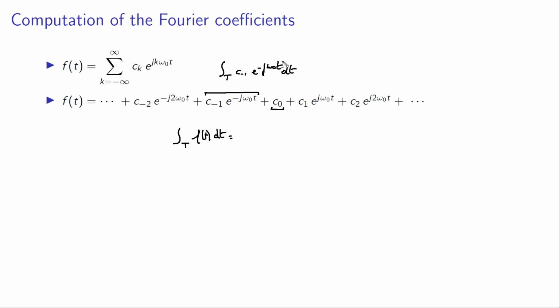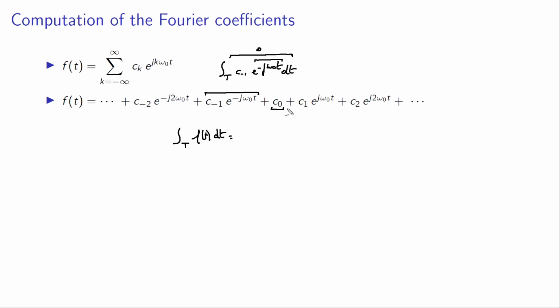Right? So this one over here is constructed from a cosine in the real part and a sine in the imaginary part. But if you integrate a cosine and a sine over a period, of course, what you have is 0. So all those terms like this one over here will be 0. It will also be the case for the integral over a period of this function, and so on.